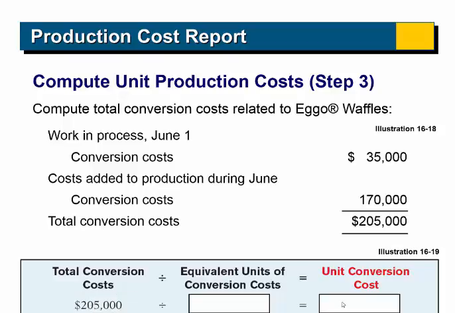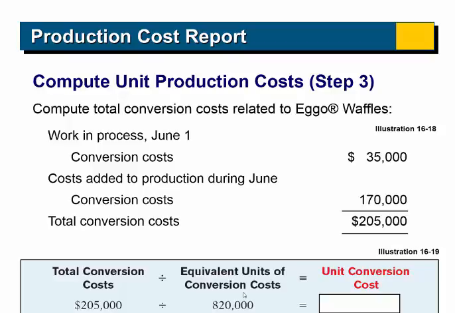So total conversion cost 205,000 divided by the 820,000 equivalent units as to conversion cost. And recall that this is not 900,000 because those 200,000 were only 60% of the way as to conversion.